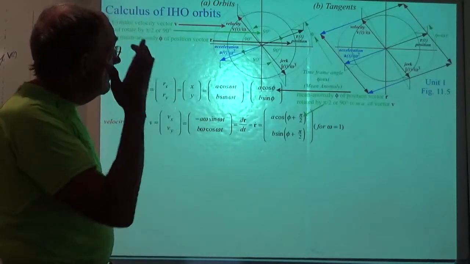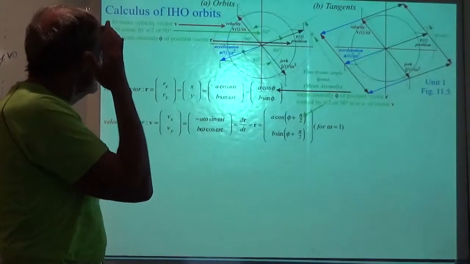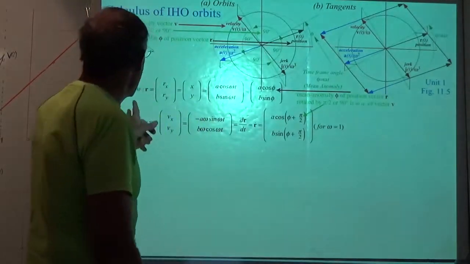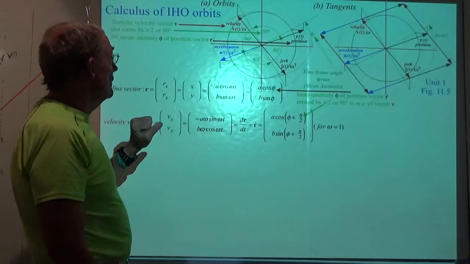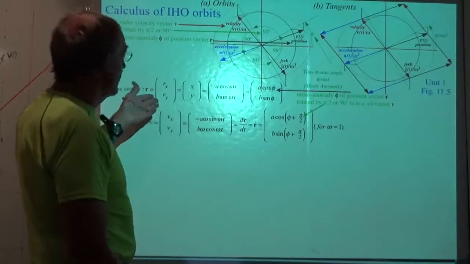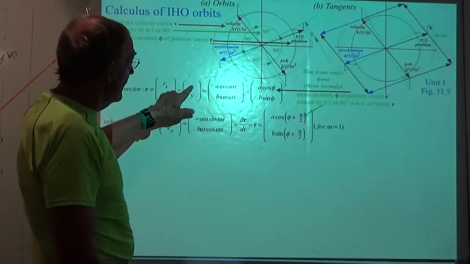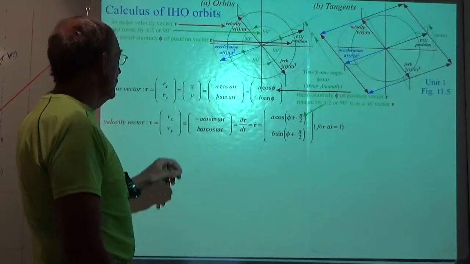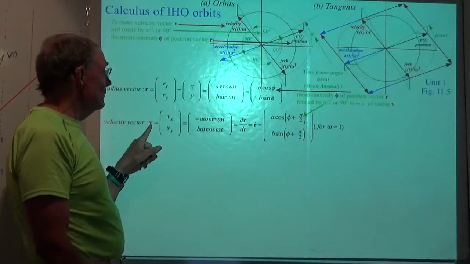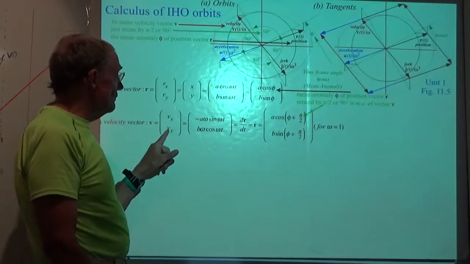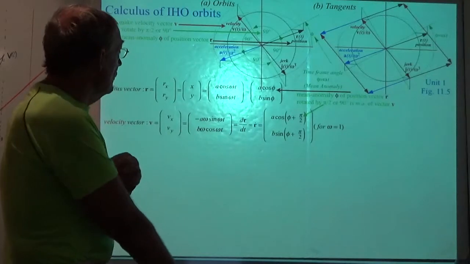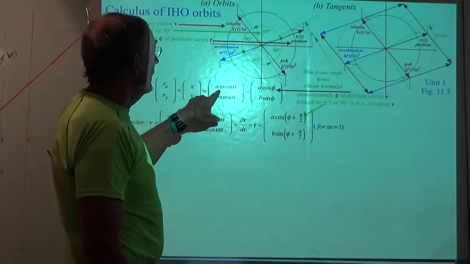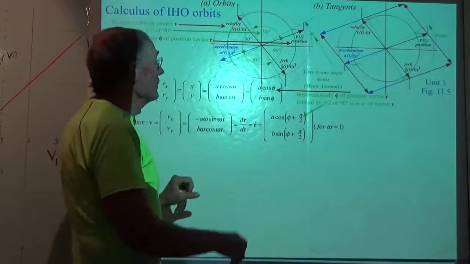This is quite amusing, I think. Let's look first at the position vector. Here's the radius vector. R sub x, R sub y is a clumsy way to write x and y, but if you're letting this be a vector, then that's what you do. And certainly with velocity, the linear velocity, we write vx and vy for the Cartesian coordinates of it. So we have here an x, which is a cosine of omega t.